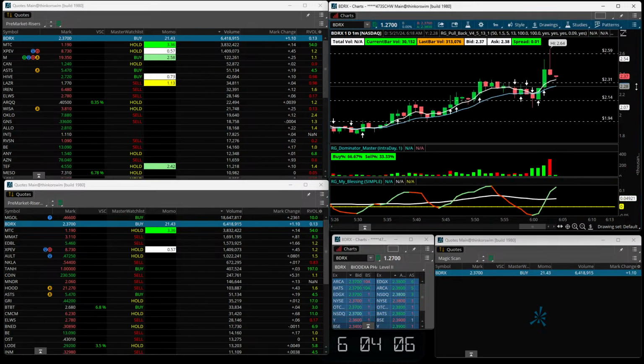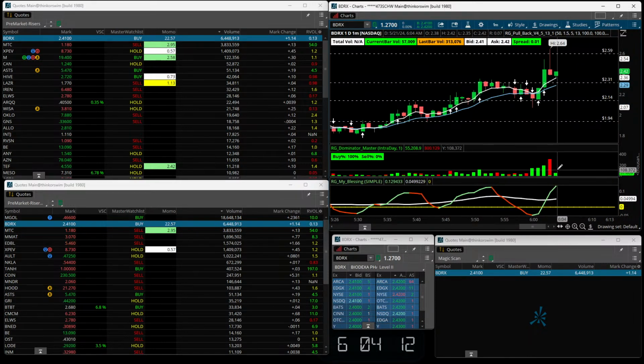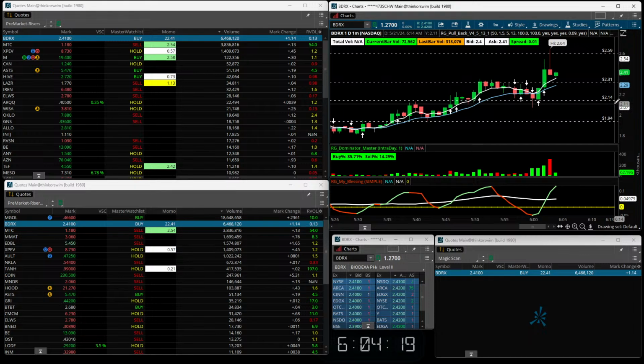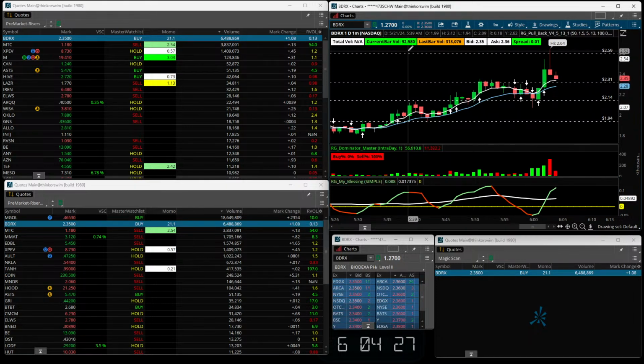I'll zoom in a little bit tighter here so we can watch it closer. Need a green dominator bar to come in. These indicators look good. These are the buyers. The trend is turning up. The volume is fair.